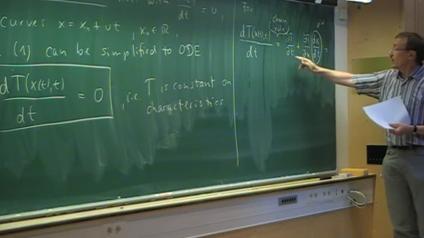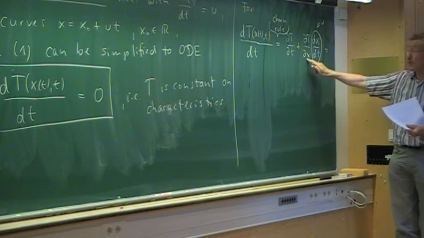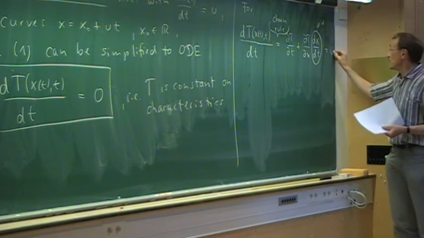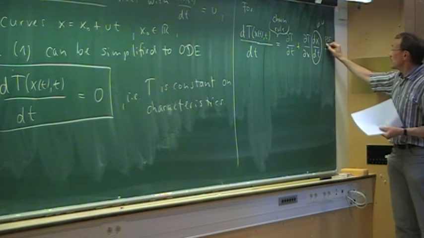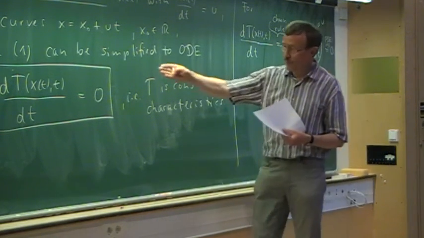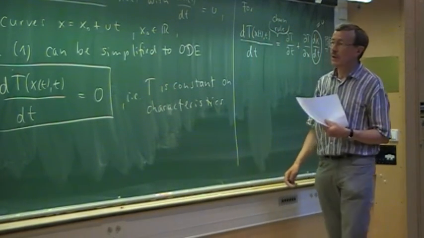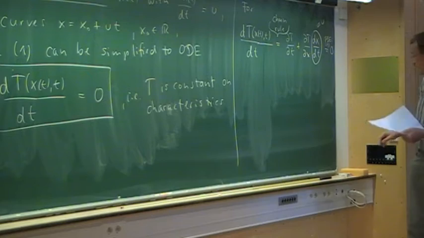And then we have first time derivative plus U times first space derivative, and that is then 0, because we can use the PDE, the linear advection equation, that is 1. And that tells us then that what we assumed here is correct. So if we are on a characteristic, then the temperature does not change. So what does that mean?